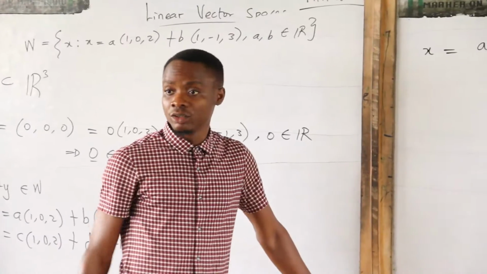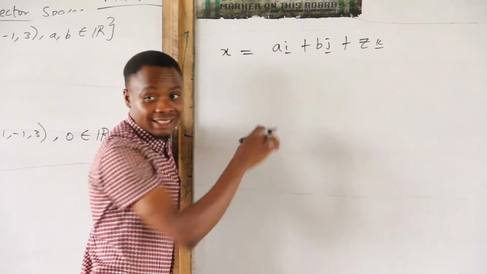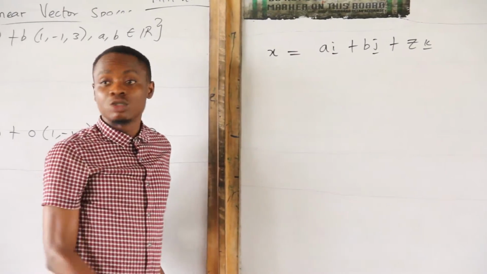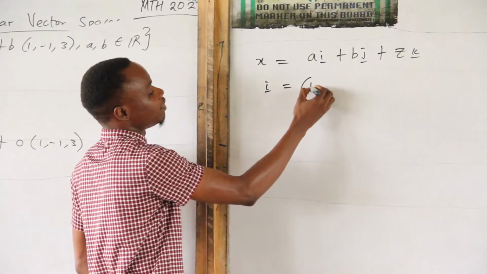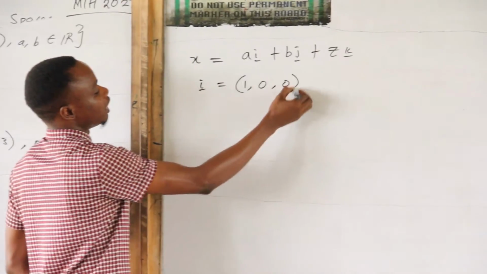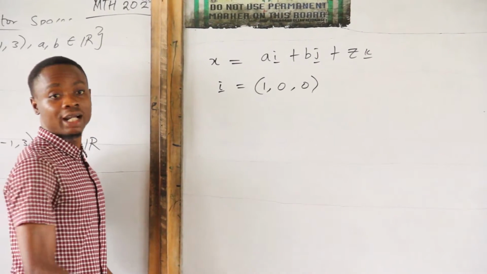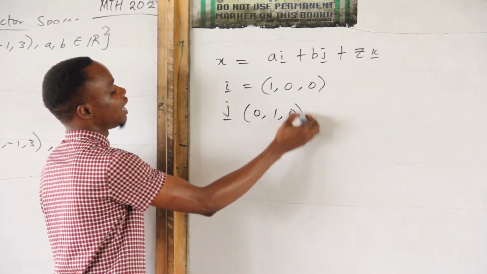Now i itself is a vector. i means I have a unit component in the x direction, 0 in the other directions. j means I have 0 here, 1 here, and 0 here.